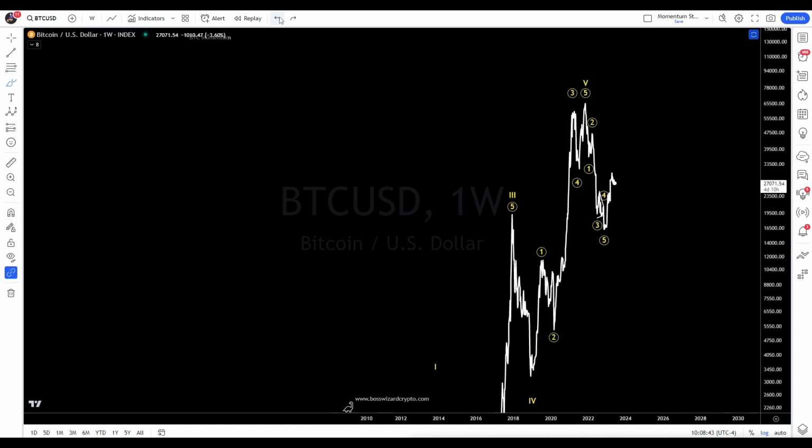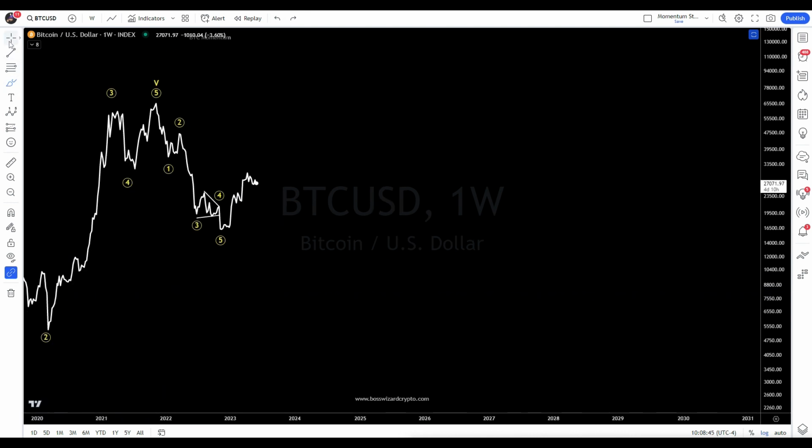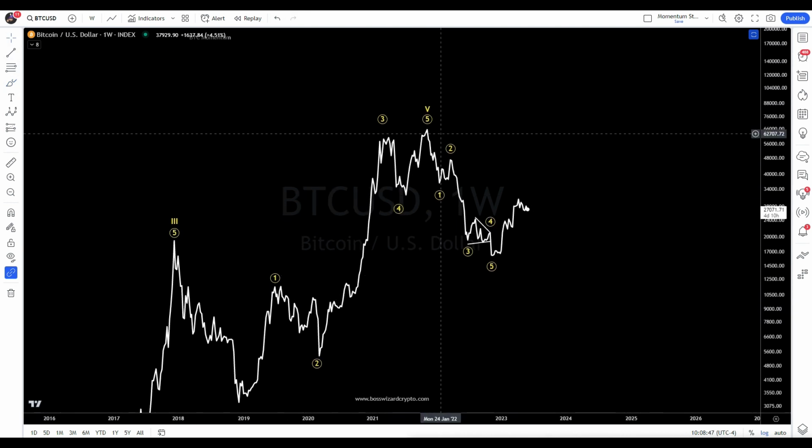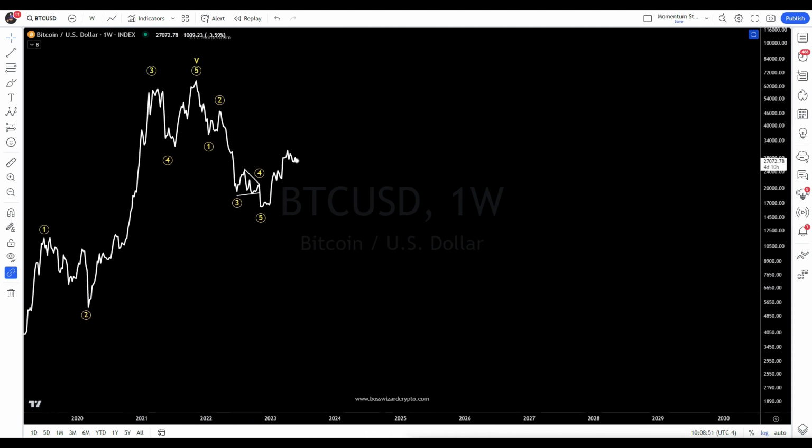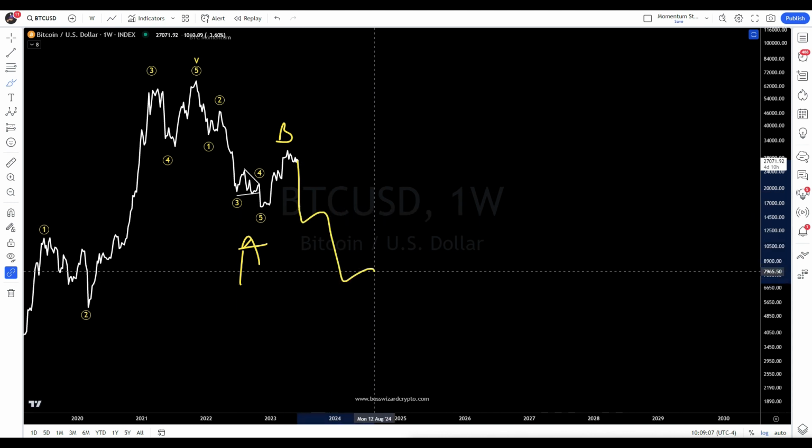So now let's come back to an alternative, because 5 is the beginning of something or the end of something. It could just be an A wave, and here's your B wave, and then you're just going to get a 5-wave C, 1, 2, 3, 4, 5, something like that.